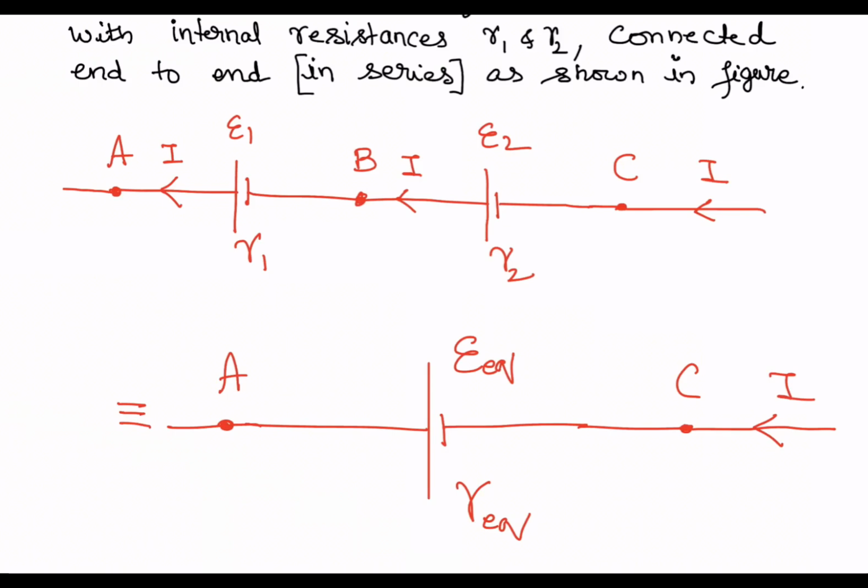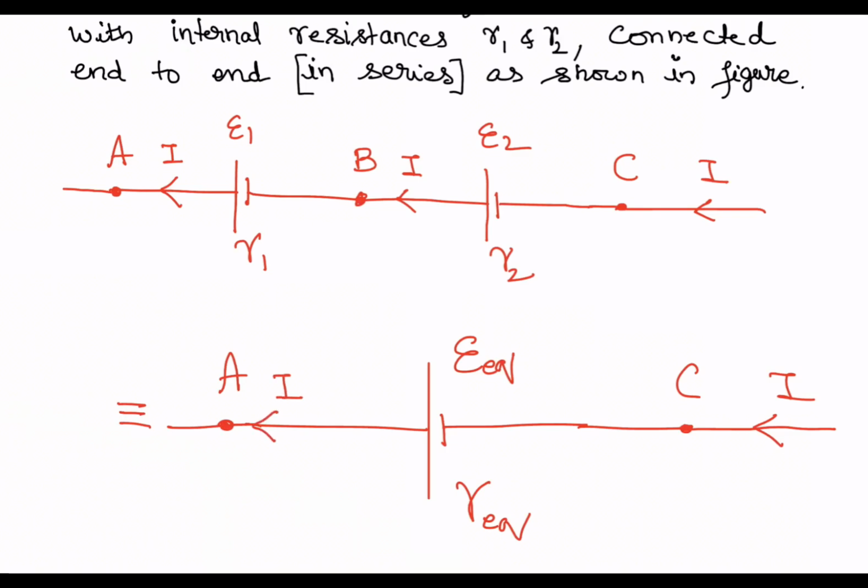So instead of the two cells, connect a single cell of EMF E equivalent and internal resistance R equivalent. That cell should drive the same current I in the external circuit.